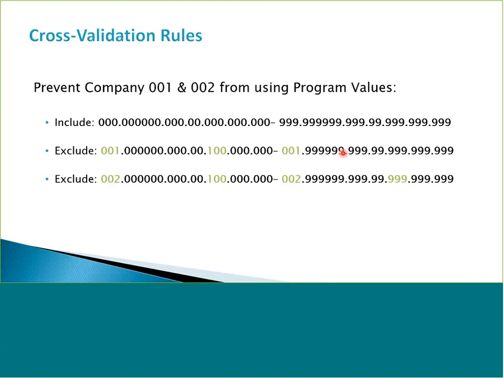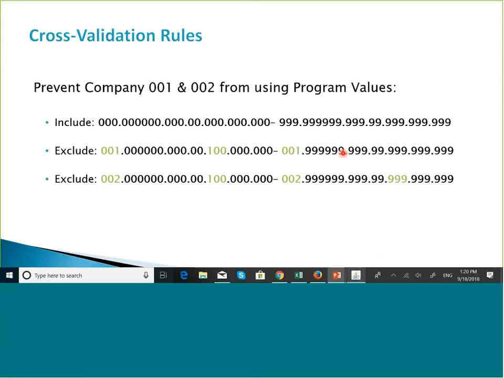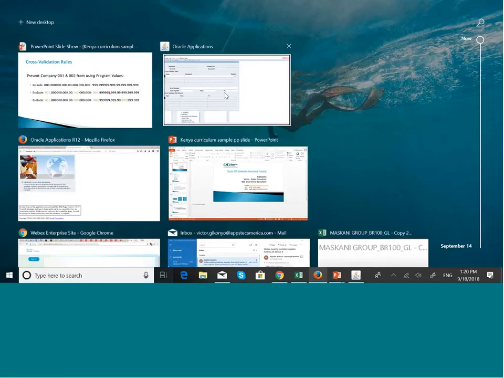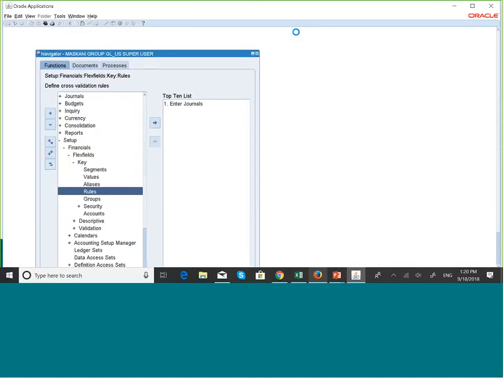So the next example says we should prevent company one and company two from using the program values. Now, if you remember correctly, in our chart of accounts, let me go and show you. Let's close this window.